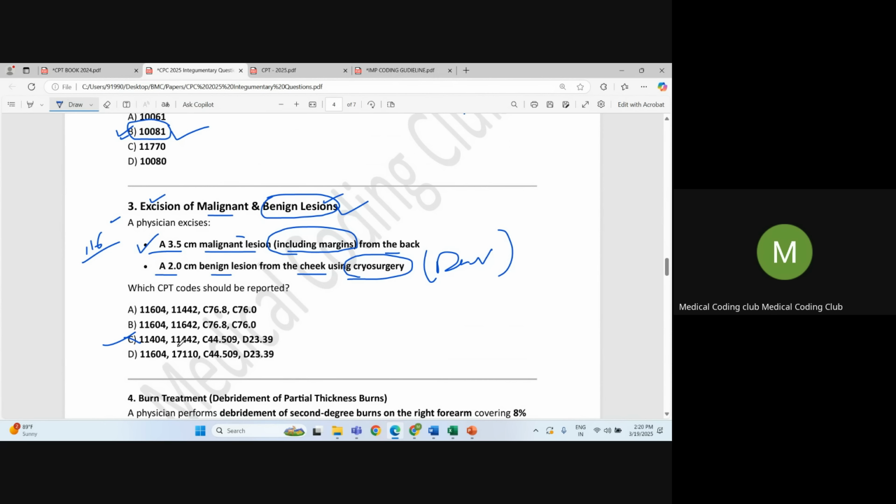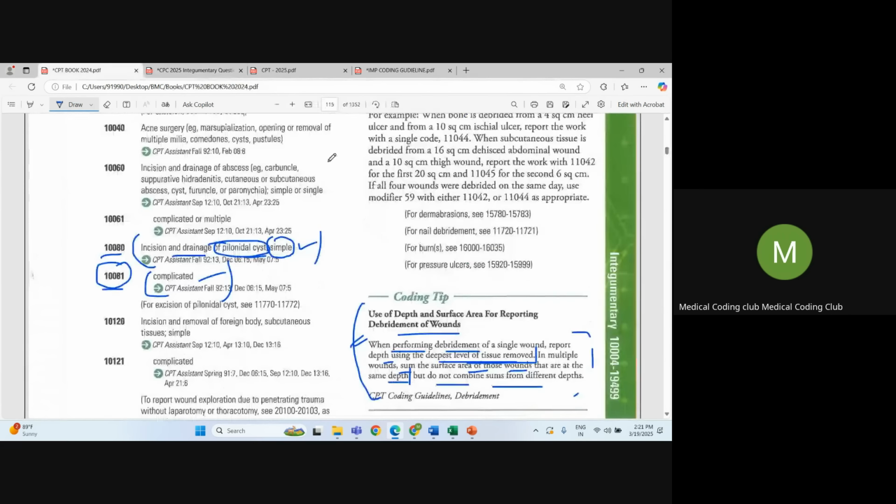See here, these procedures are about excision of benign lesions. But if you check option D, 11604 is for excision of malignant lesion. 17110 is for destruction of benign lesion. I'll show the code descriptions now. 11604 is excision of malignant.